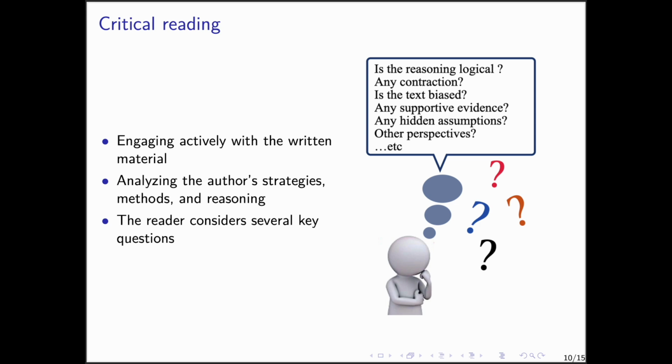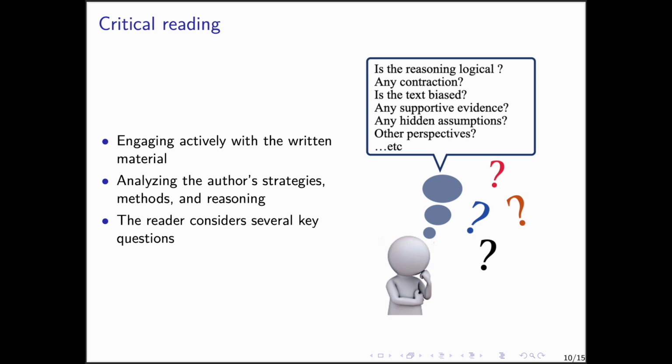Is the reasoning logical? Is there enough evidence? Are there contradictions or hidden assumptions? Is the author biased? You also compare the text with what you've learned from other sources. This process helps you form your own perspective and become an independent thinker, a key skill for university success.